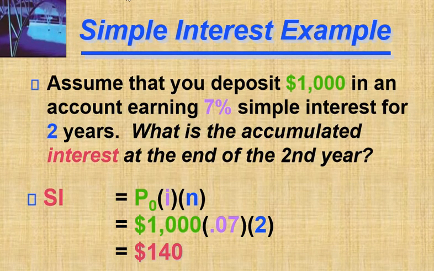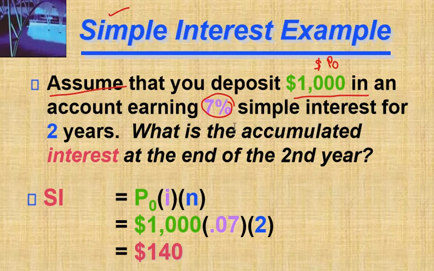Okay, we have a simple interest example problem. Assume that you deposit 10,000 in an account earning at the rate of 7%. So this is your deposit. This amount is P0. This is I. And simple interest for 2 years.